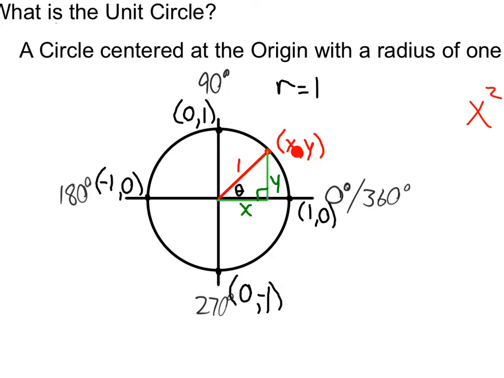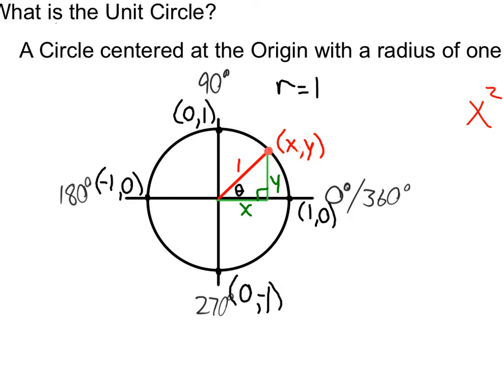That angle is how we're going to get the x-coordinate and the y-coordinate of a point on the circle. Okay? We're looking for a point on this circle. Let's get rid of some of this here. All right.